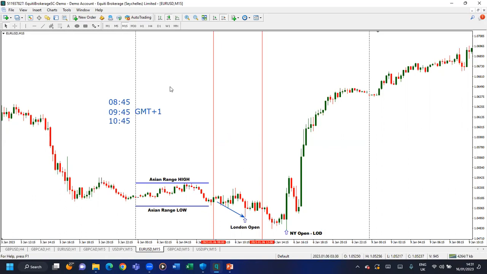So I have the London Open here, then here we have the New York Open. In this scenario, we can see that when the New York session opened, it went ahead and took out the initial low.